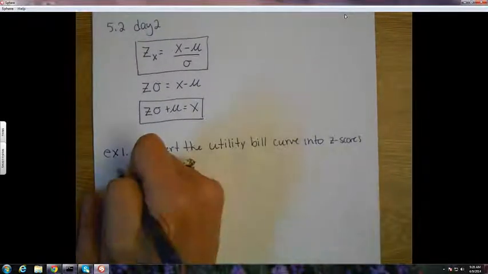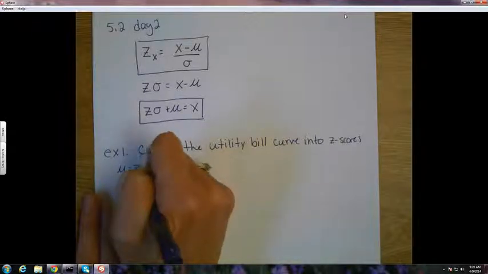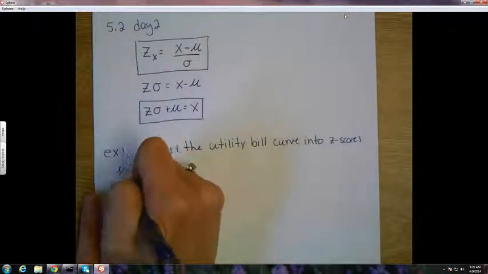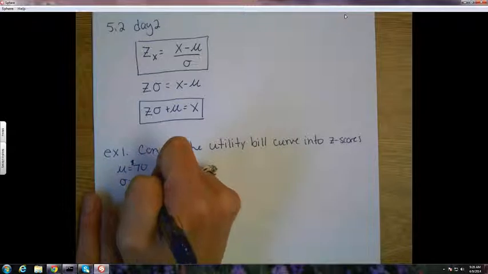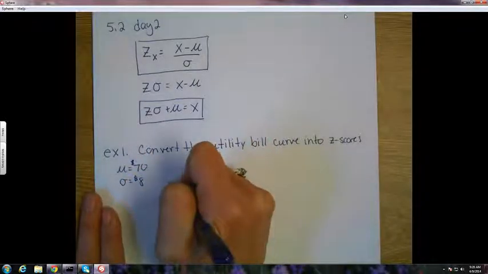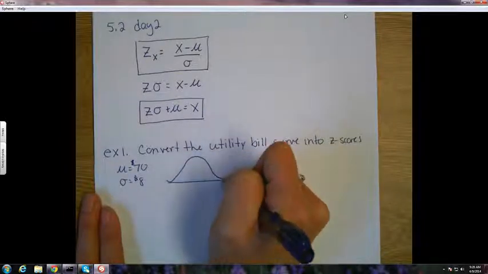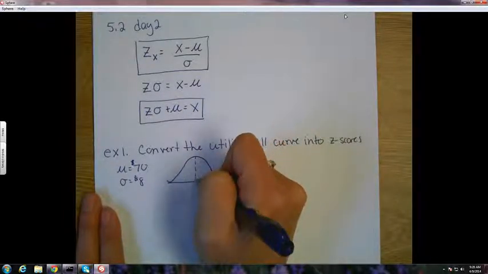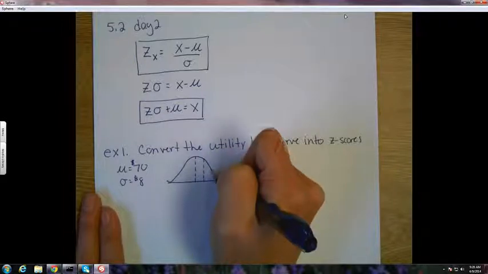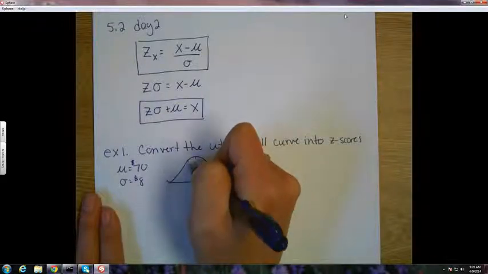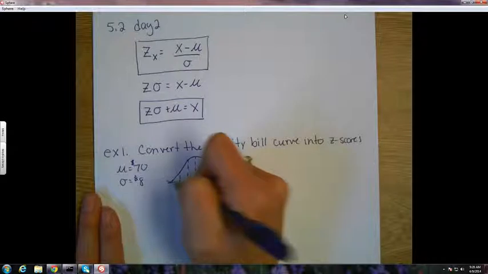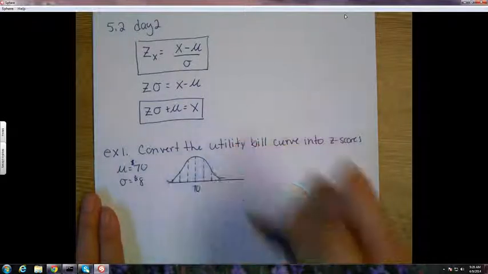The mean utility bill was $70. The standard deviation was $8. And we made the graph, and I'm just going to copy it from the notes from Monday. 7 key values. So we had the 70 in the middle.